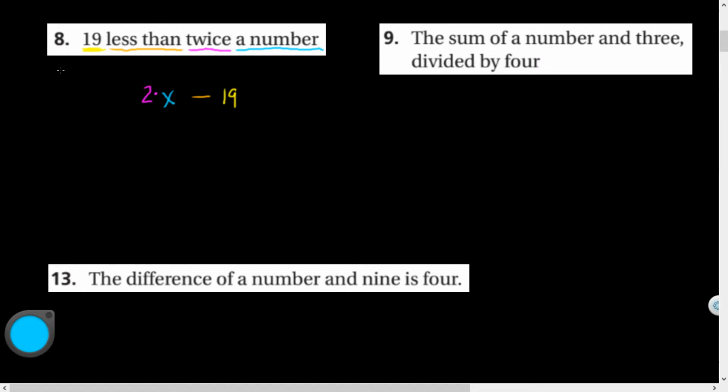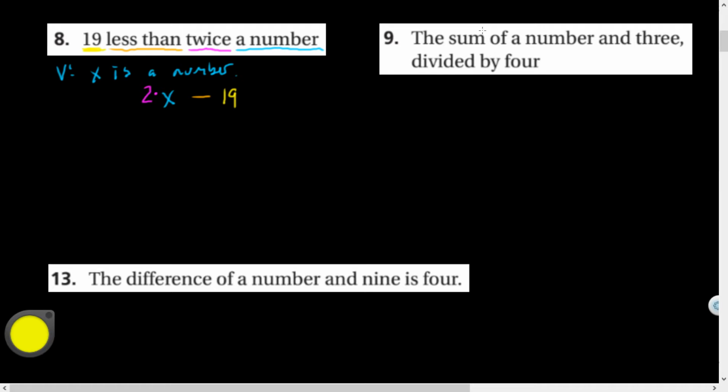You could have defined your variable by saying x is a number. So I was subtracting 19 from twice a number, so 2x minus 19 is my answer.